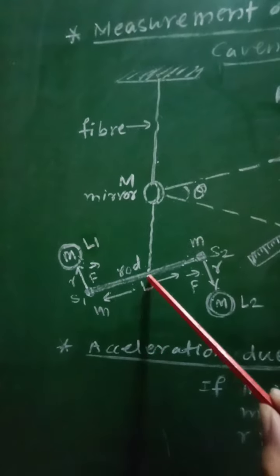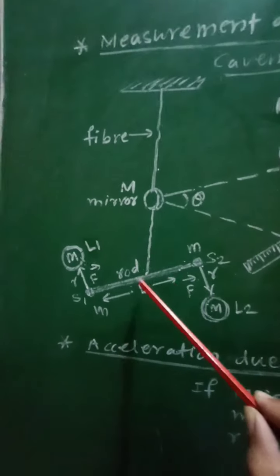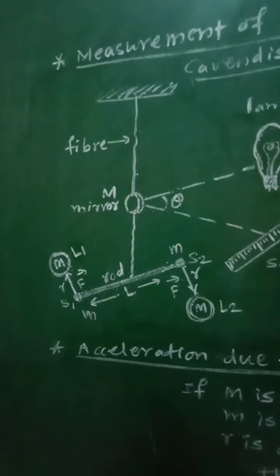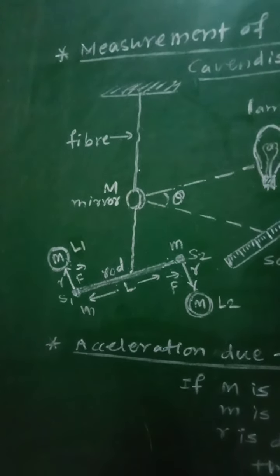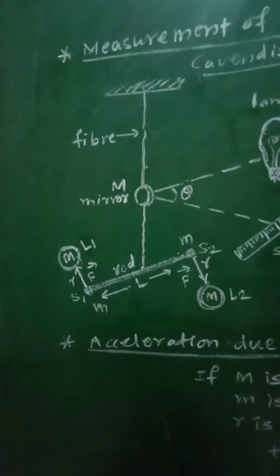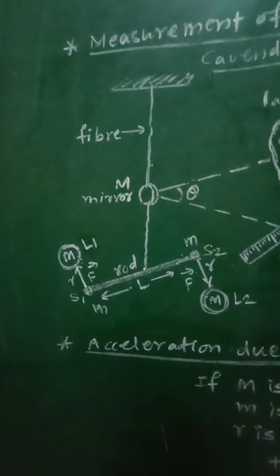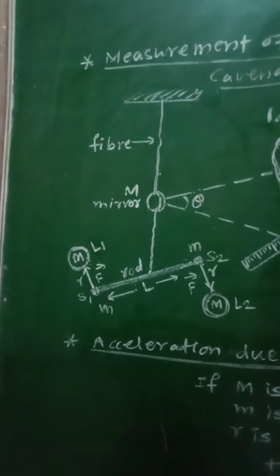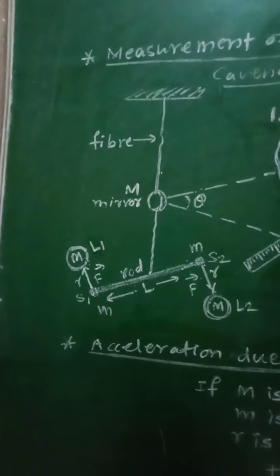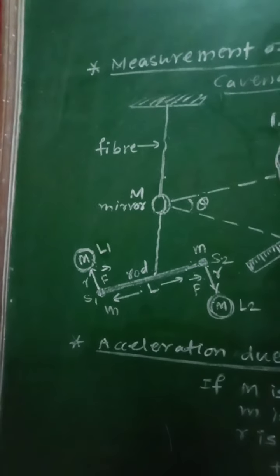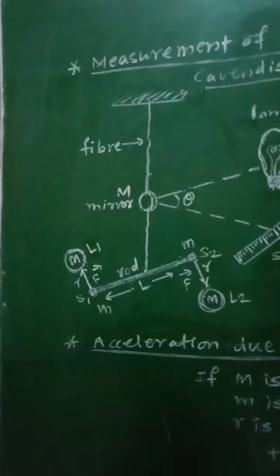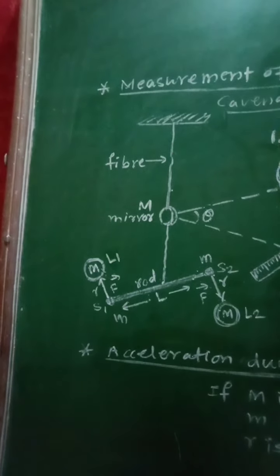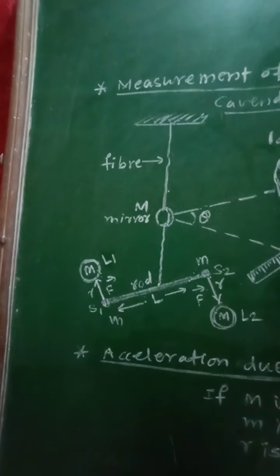So torque will be produced here, and due to that torque this fiber will get deflected, it will get twisted, and that torque will be nothing but the deflecting torque. When that torque is generated, no net force will be acting on the bar. Due to this torque the bar turns.